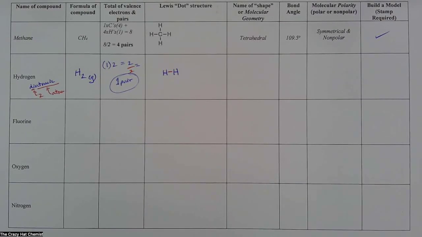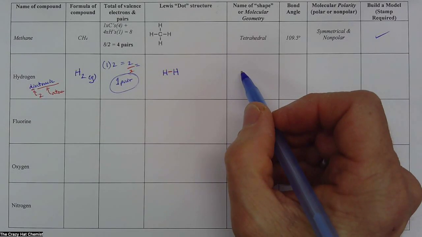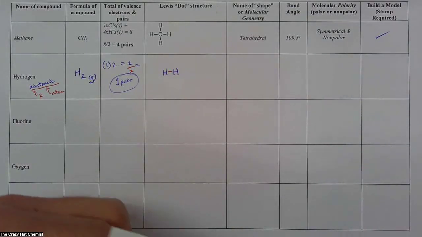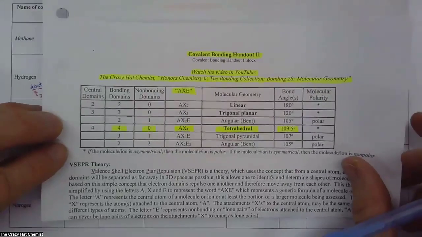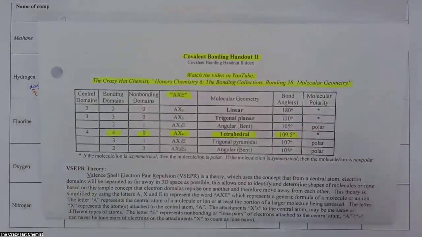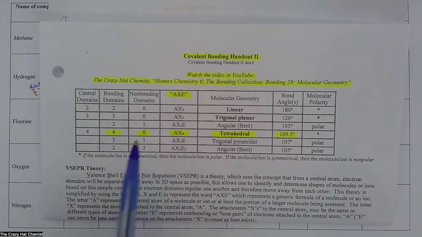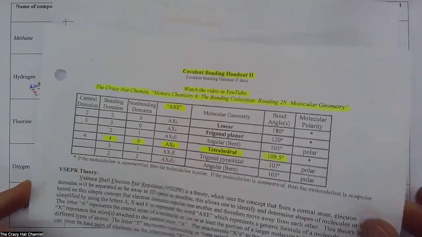Okay. Now what we need to do is figure out the molecular shape or molecular geometry. And here's the funny thing. In order to figure that out, we're going to go over to the top section of this worksheet. There's no central atom.